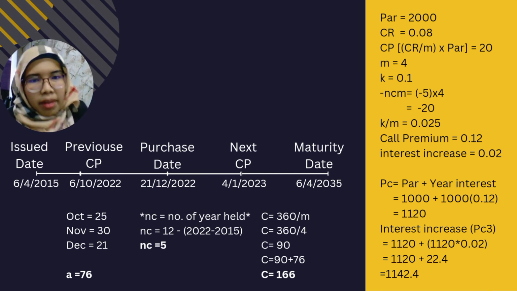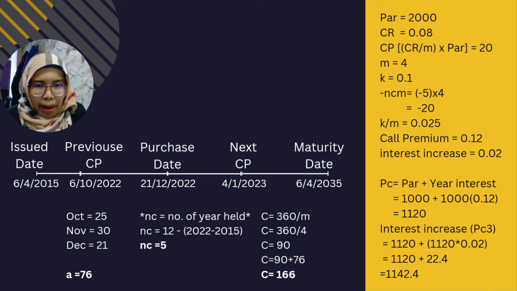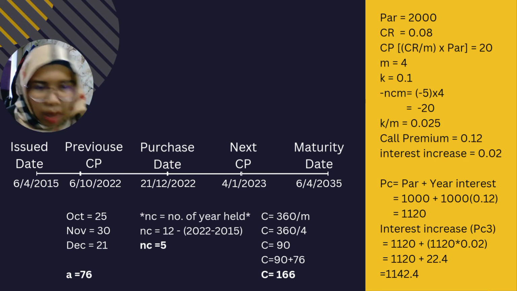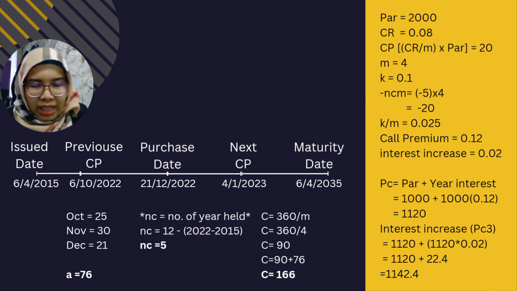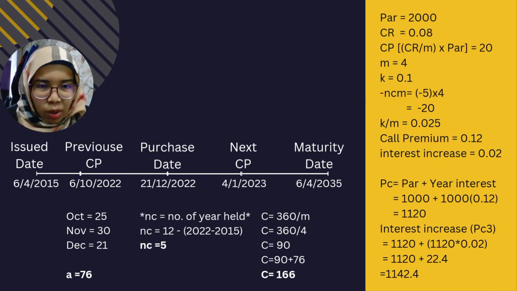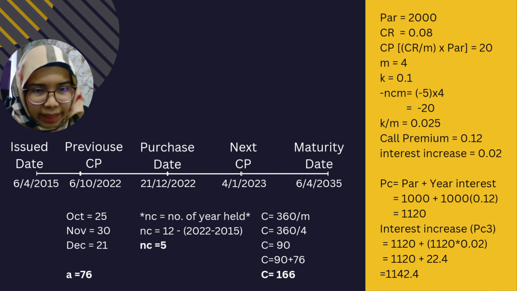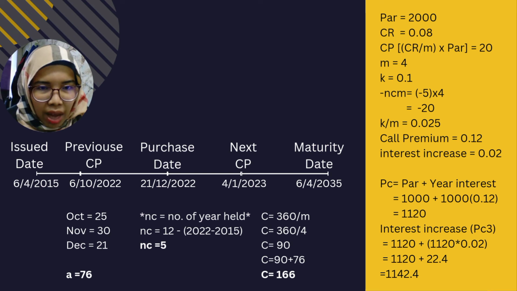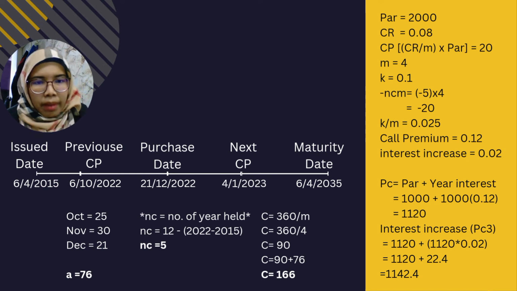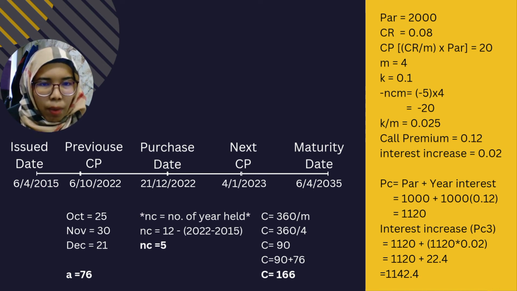PC, call purchase, is equal to par plus the premium. As mentioned in the question, we had a call premium. So par is 1000 plus 1000 multiplied by 0.12, we got 1120.